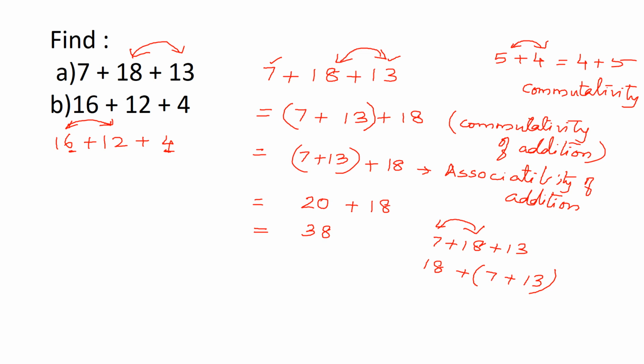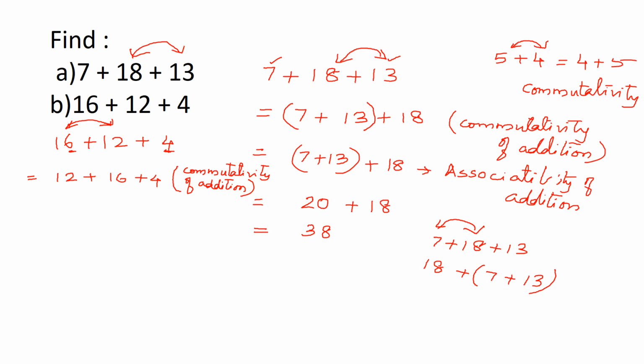So what I am going to do is, this is equal to 12 plus 16 plus 4. What did I do here? Why did I change? Yes, I used the property of commutativity of addition. Why did I use commutativity of addition? Because any way I add, the answer is not going to change.